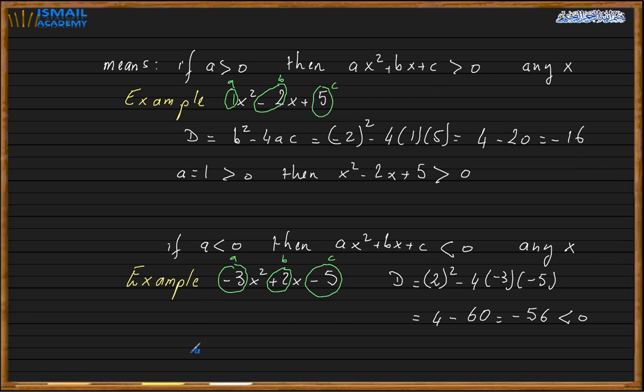And a here is equal to minus 3, which is negative. Therefore, minus 3x squared plus 2x minus 5 is always negative for any x you choose. So this is the case when the discriminant is negative: the sign of that quadratic expression is the same as the sign of the leading coefficient. This is what the discriminant tells us for that case.